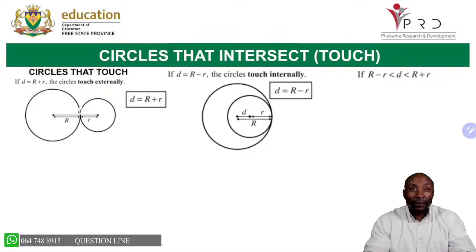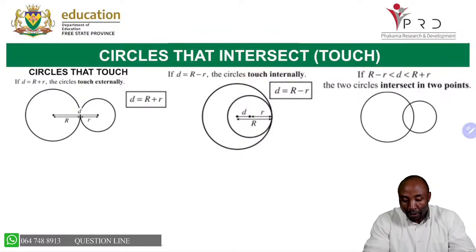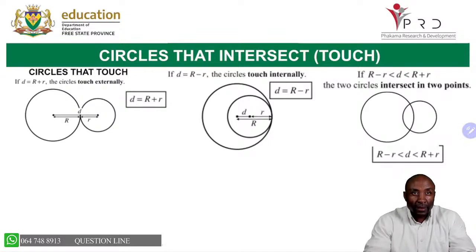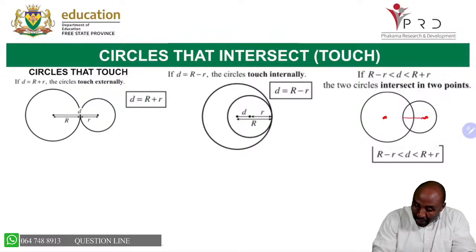Now we also have circles that intersect at 2 different points, and we are saying the distance is between the difference in the radii and the sum of the radii. If the distance between the two centers, remember we are having our center here, our center there, this becomes the distance.